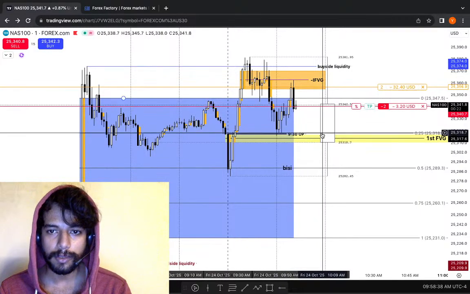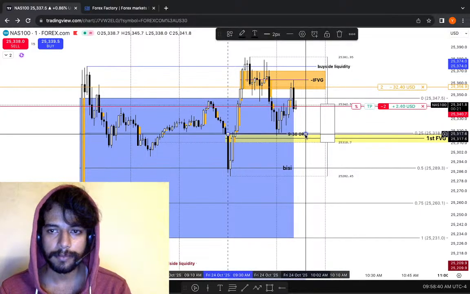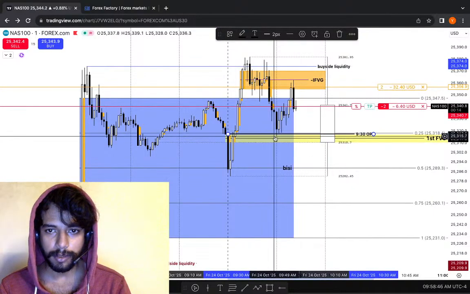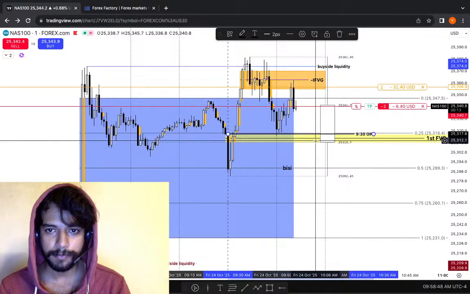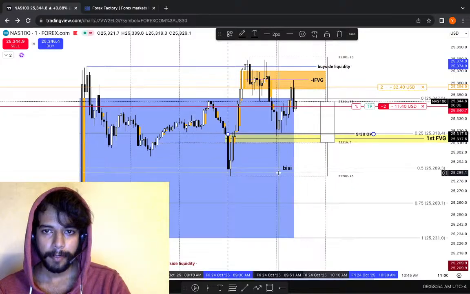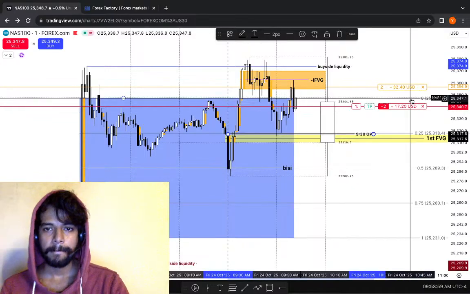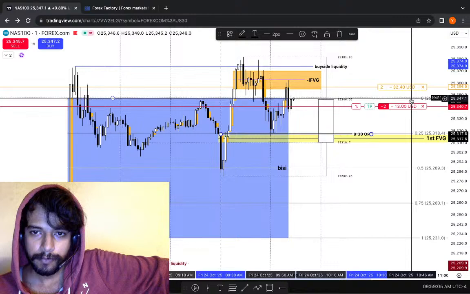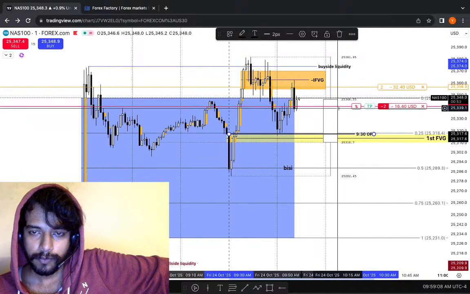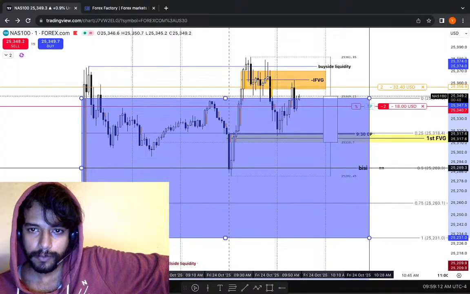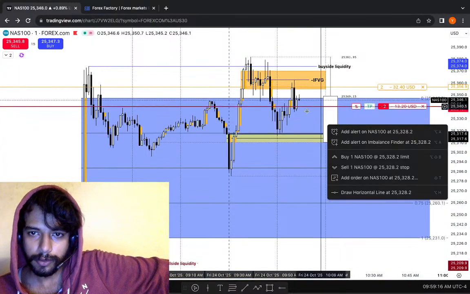Should roll it over to the downside and take out this, and this is not something I would like to see it do.